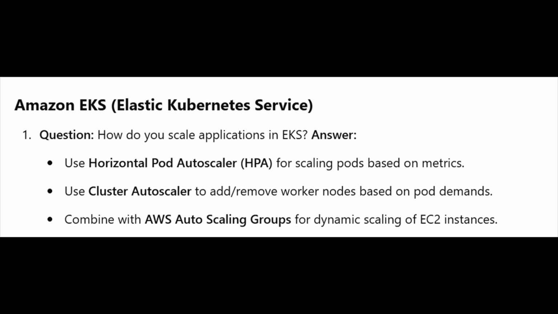Amazon EKS, Elastic Kubernetes Service. Question: how do you scale applications in EKS? Answer: use Horizontal Pod Autoscaler, HPA, for scaling pods based on metrics. Use Cluster Autoscaler to add or remove worker nodes based on pod demands. Combine with AWS auto-scaling groups for dynamic scaling of EC2 instances.